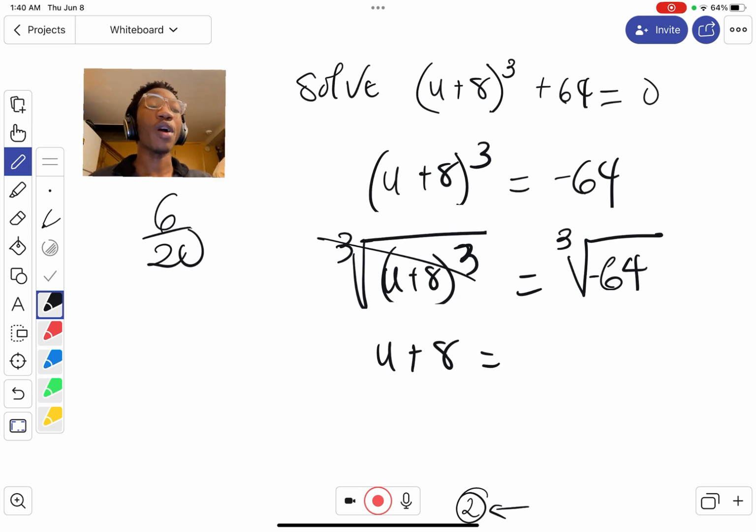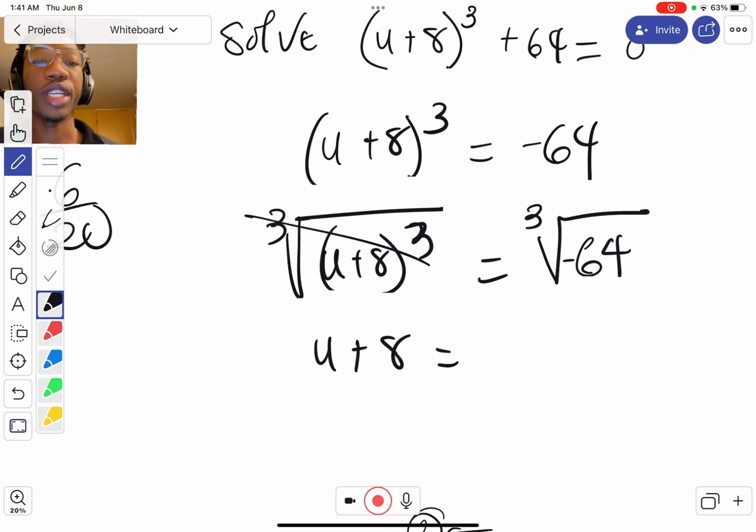Can it be 3? Nope, not 3. The correct answer is negative 4. If you multiply negative 4 three times, it gives you negative 64. So that's the number we are looking for.